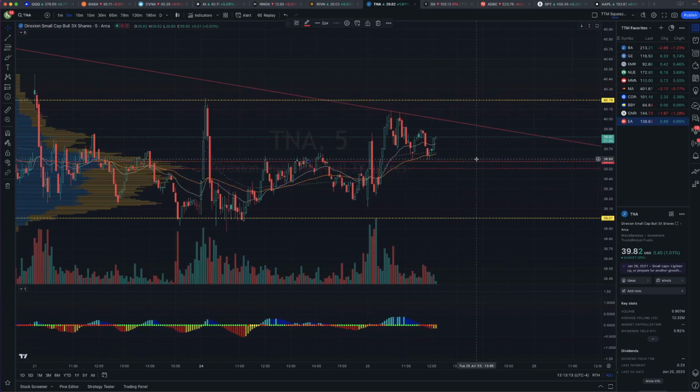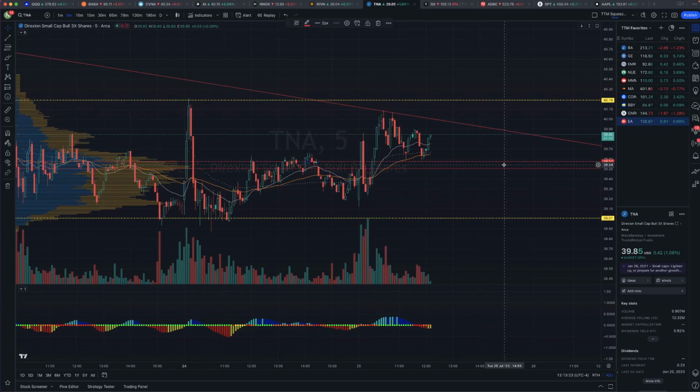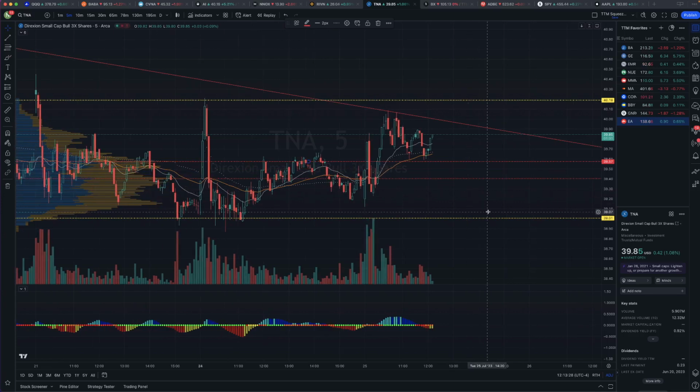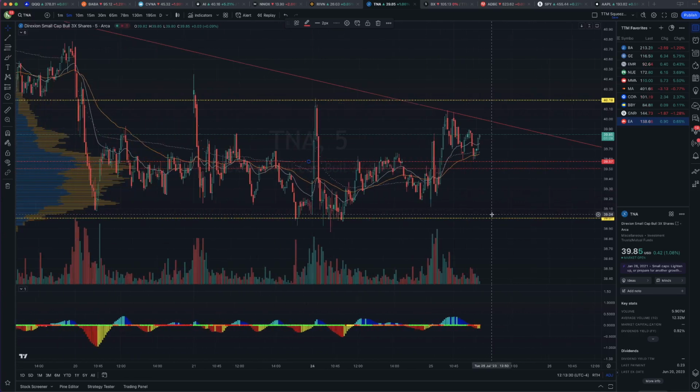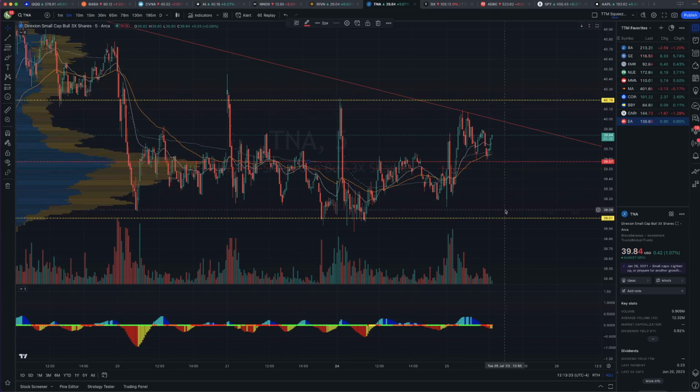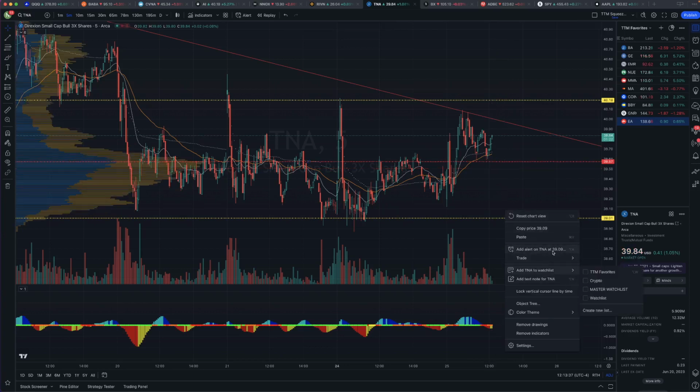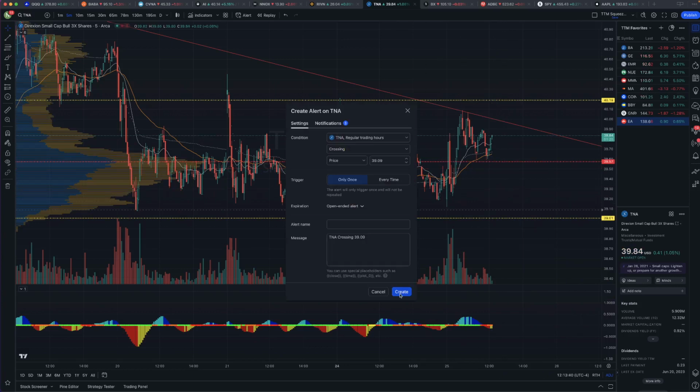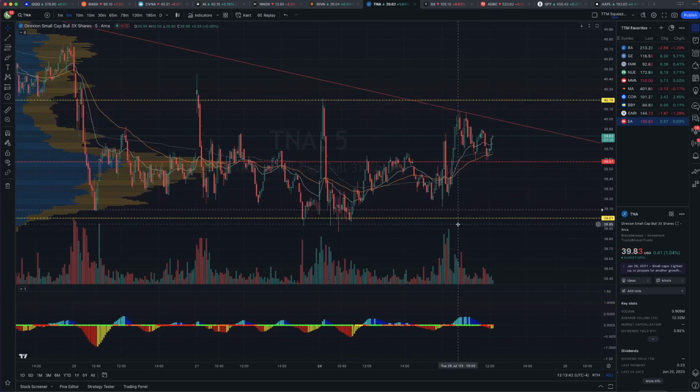I'd like to see a move back into sort of this area between the two red lines for an initial entry. Not a full entry, because I really would like to pick it up down here, right next to 39. So I'm going to put an alert in there. And these are all going on the watch list.